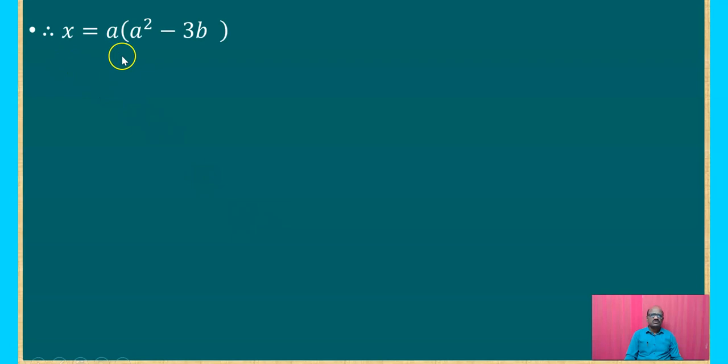Therefore x is equal to, we take a as common, a into (a square minus 3 b square). y is equal to, take b as common, b into (3 a square minus b square).